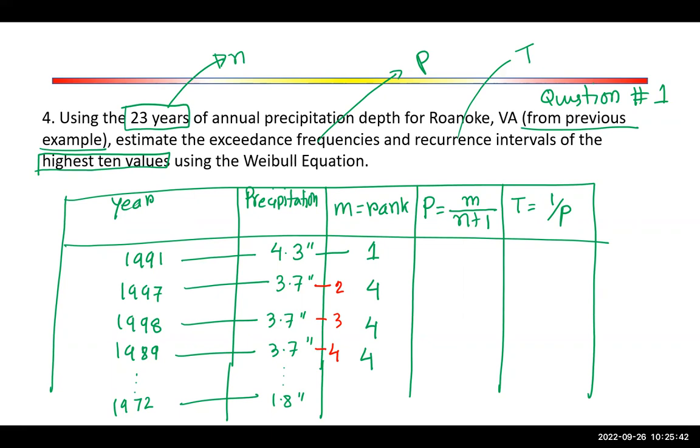Okay, we still have time. So question number 1, 3, 4, those are all about the same data set. Okay, so are we good, everyone, up to this point? So it's T, is that what you're calling for? T and P, yeah, because T is the recurrence interval, and the exceedance frequency is actually the probability.